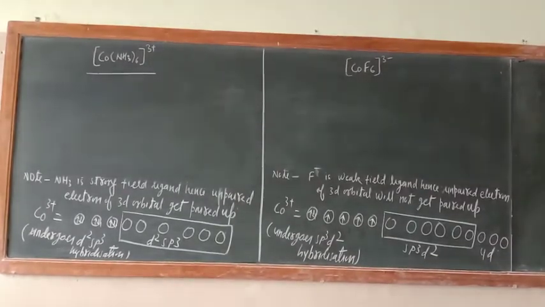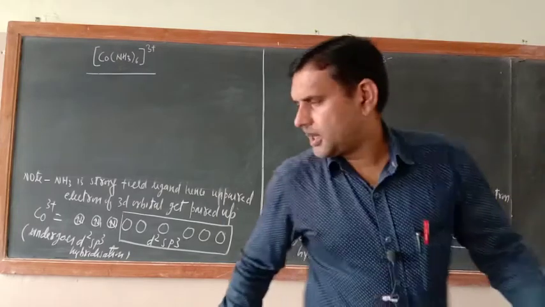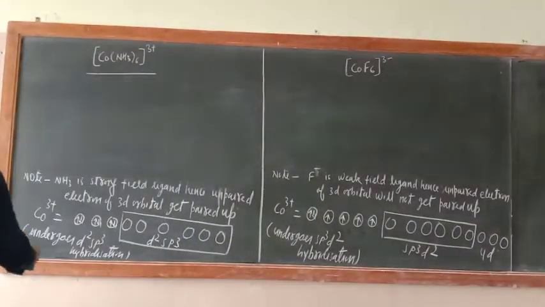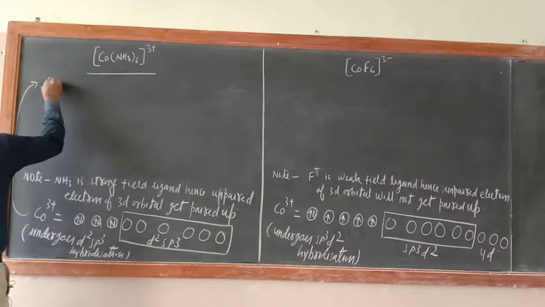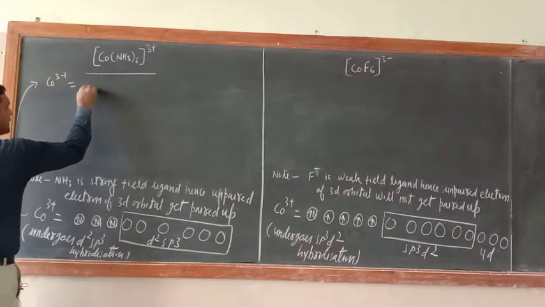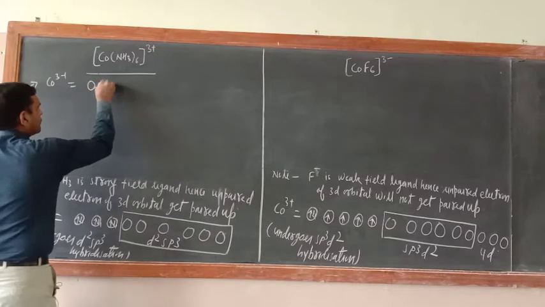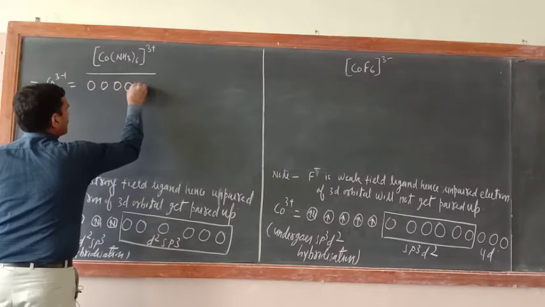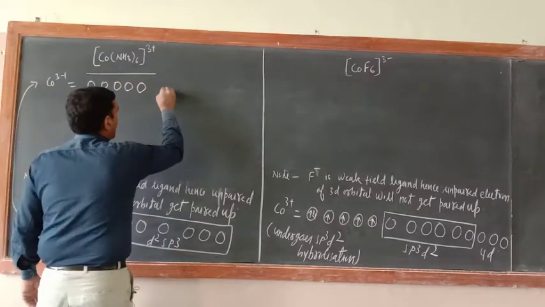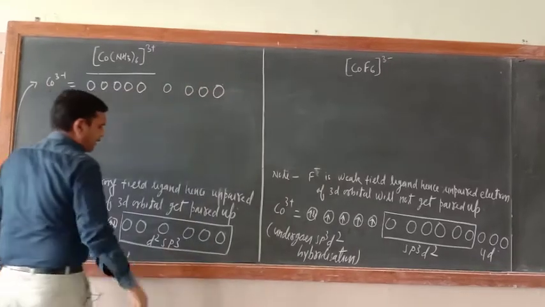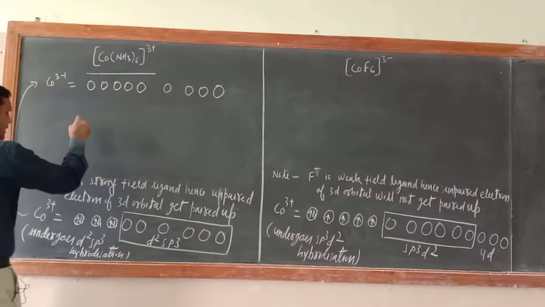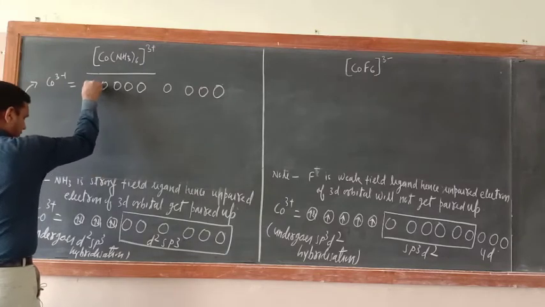Now just see what would be there. Now as such you write here on this side. So cobalt 3 positive, here 1 2 3 4 5. Now here 1 2 3. Okay, so now just see, here 2 electrons as such you should write.